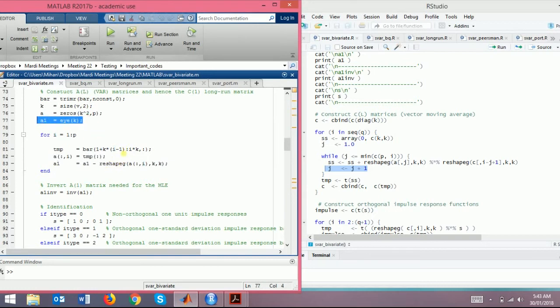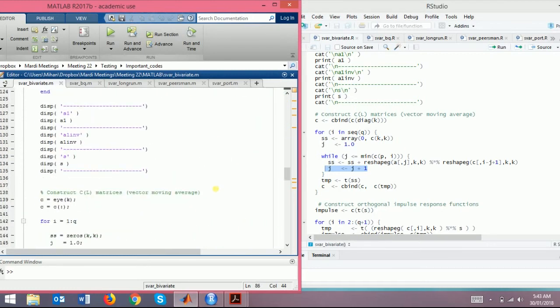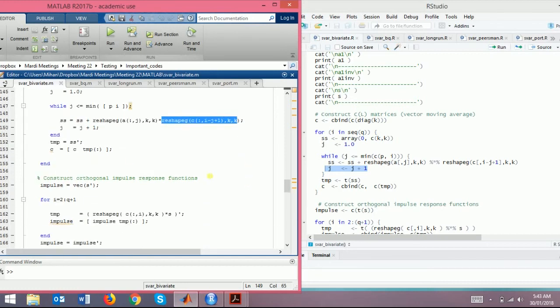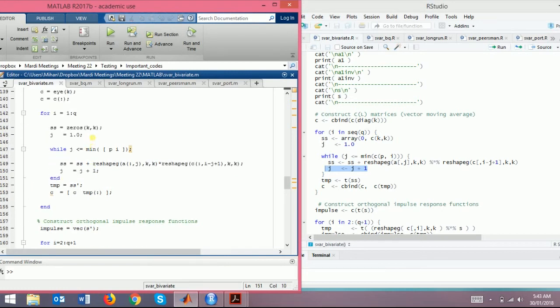We take all the elements, we have the ones, then 1 minus phi 1l to the power I, and this is 1 plus psi 1l to the power I. Phi 1 I equals psi 1 I, they are the same thing, multiplied to the sign I minus j plus 1, kk, and that updates.